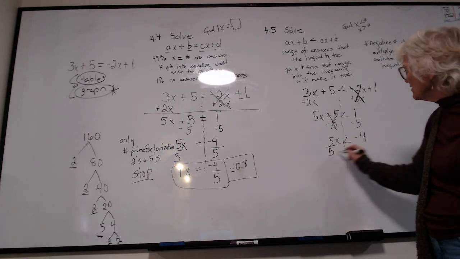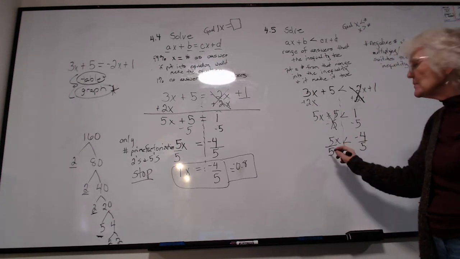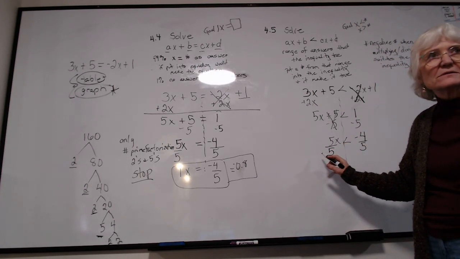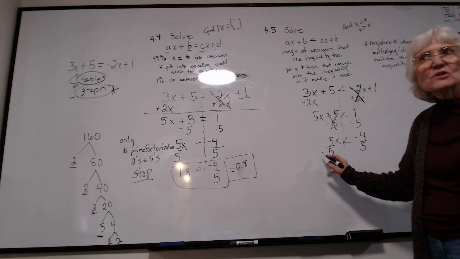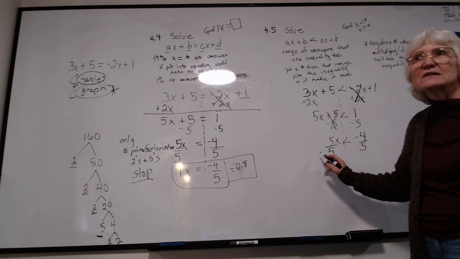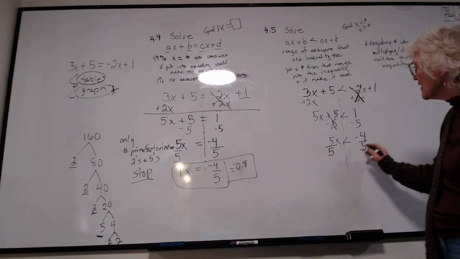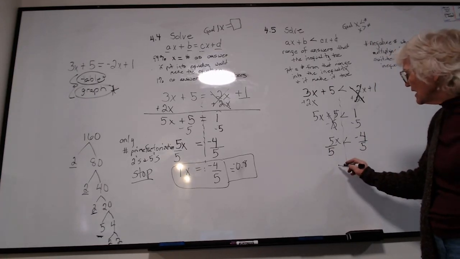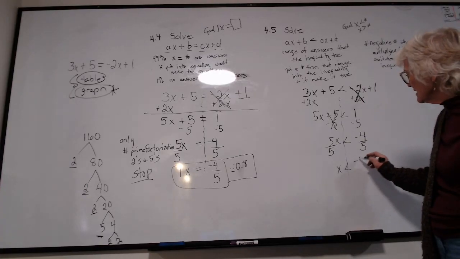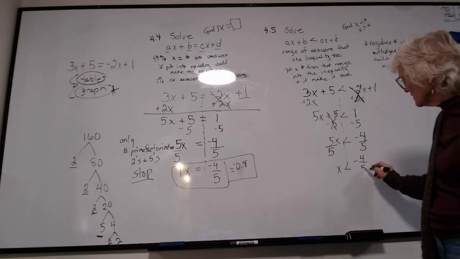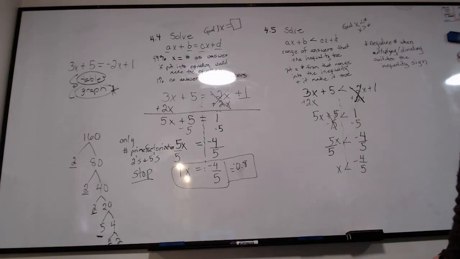Now here's my division, but I'm dividing by a positive number, so I am not going to switch the sign. I keep it the same because I'm dividing by positive 5, so x is less than negative 4/5.